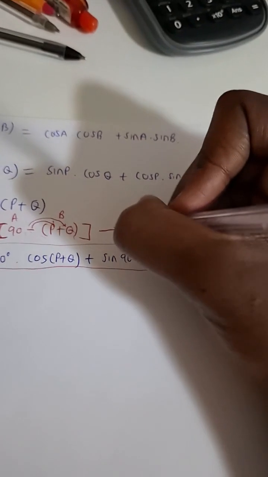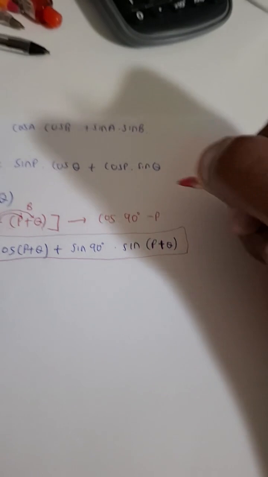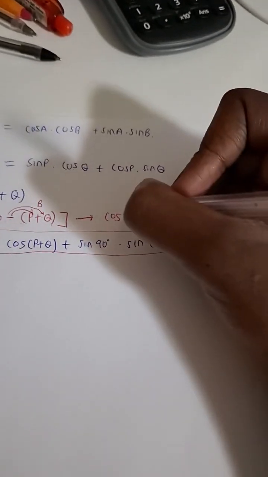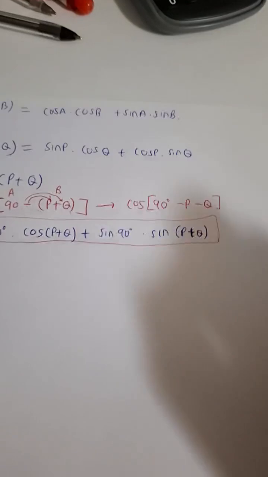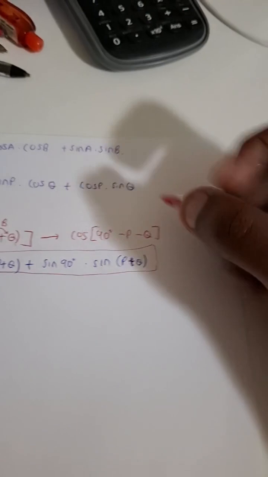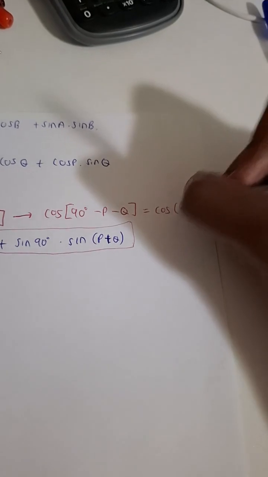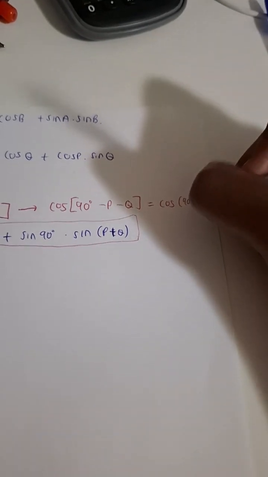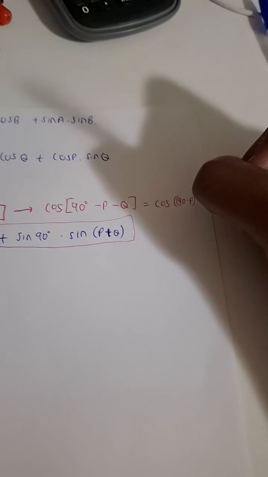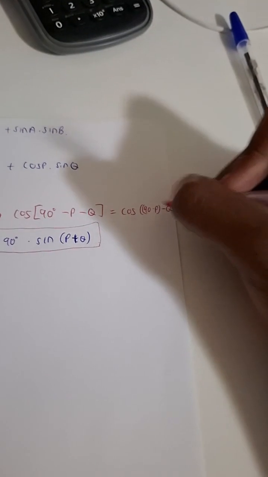So I have cos of 90 minus P minus Q. Hopefully you can see that. And after doing that, I'm going to regroup what I have, and express it as cos of 90 minus P, that will become my A, and then minus Q on the side.